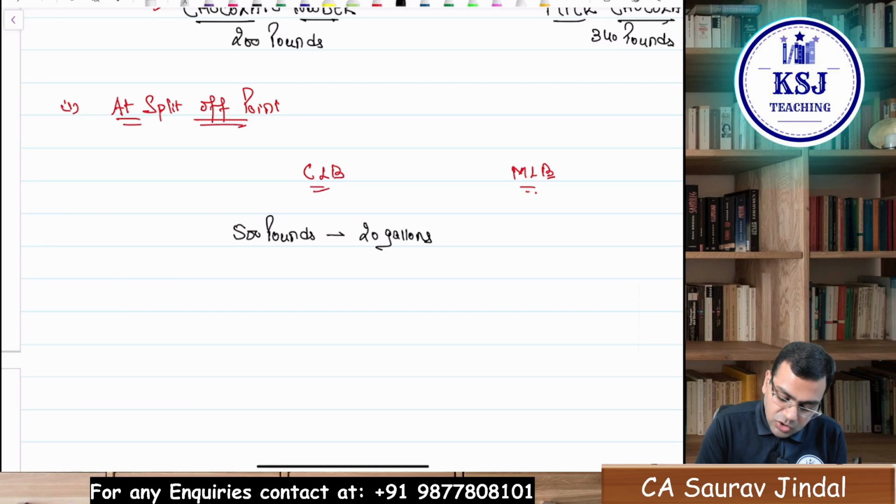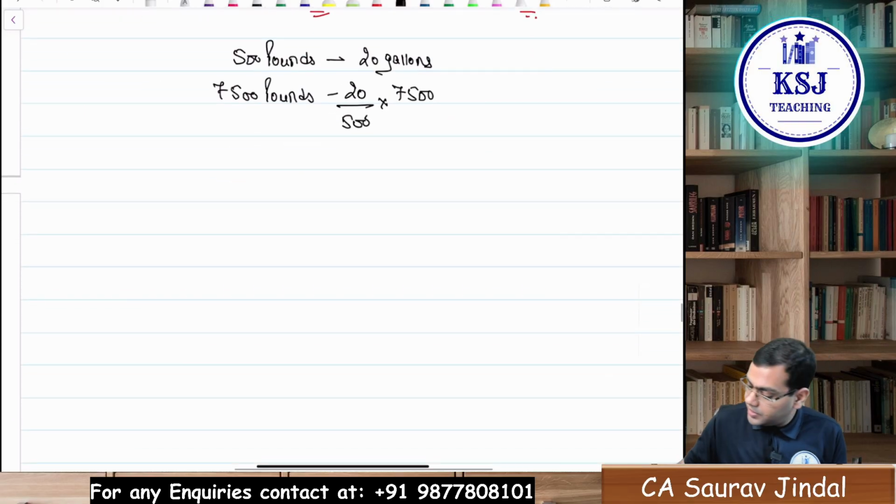What is the actual number of cocoa beans that you have processed? That is 7,500 pounds. So what is the total number of gallons that you have produced? That is 20 divided by 500 multiplied by 7,500. That comes to 300 gallons. This is what you have produced and sold.